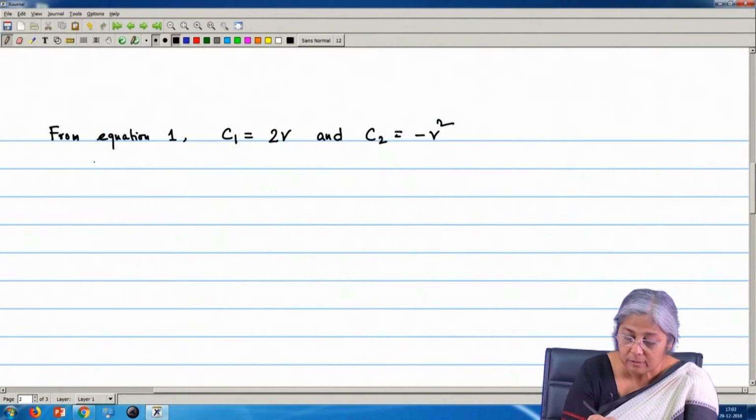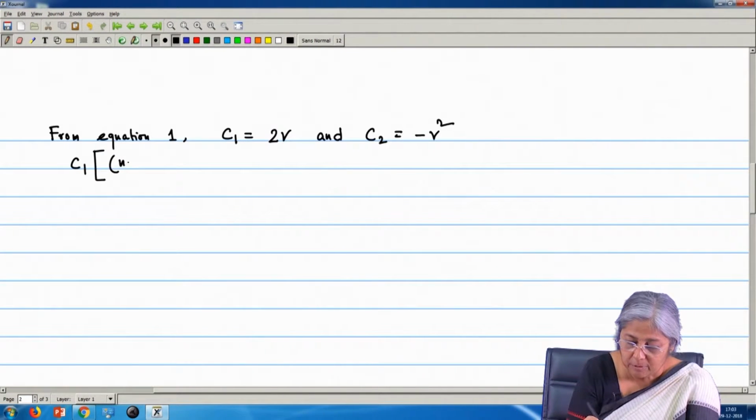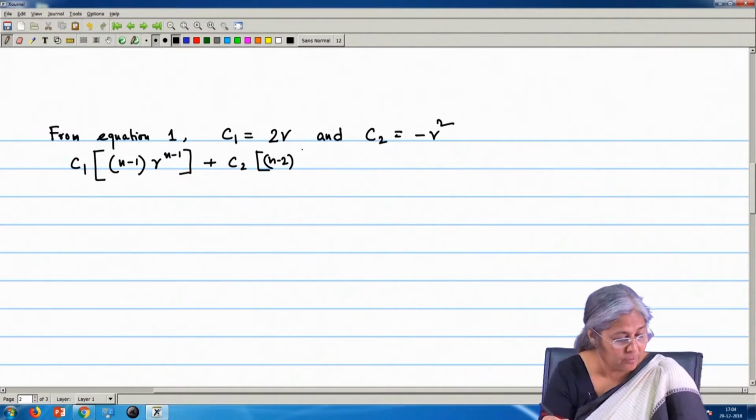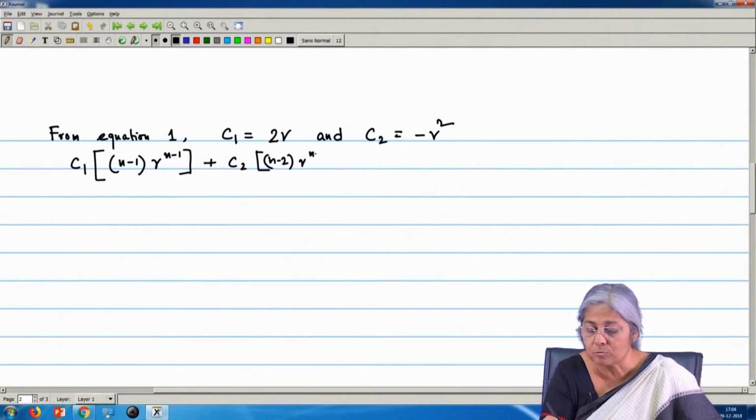So, we take C1 times n minus 1 r to the power n minus 1 plus C2 times n minus 2 r to the power n minus 2.